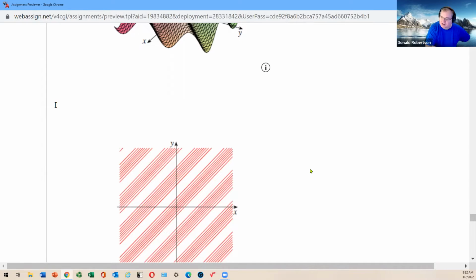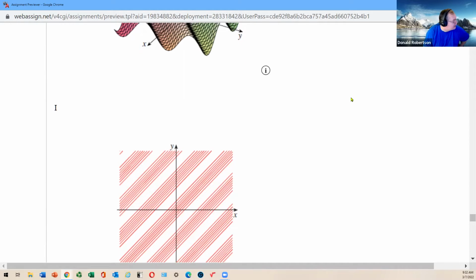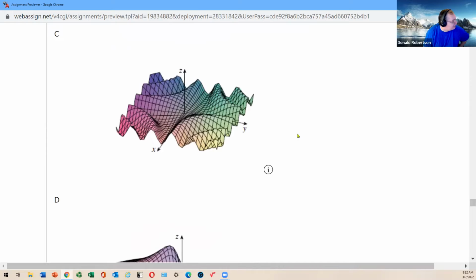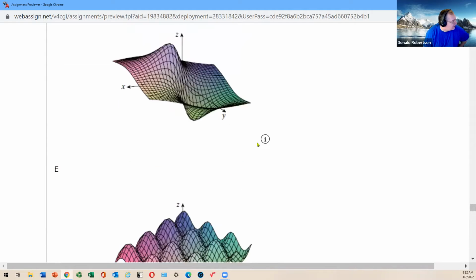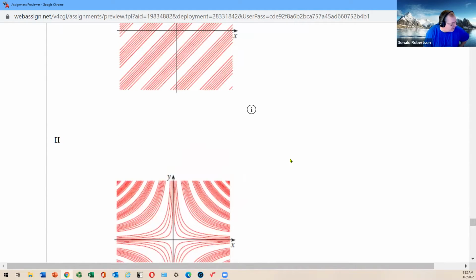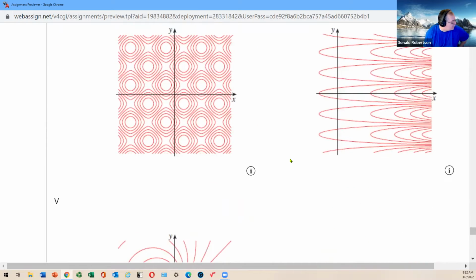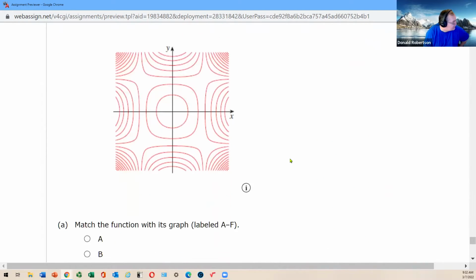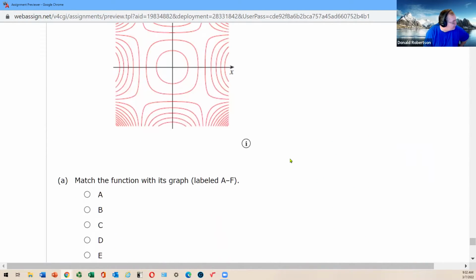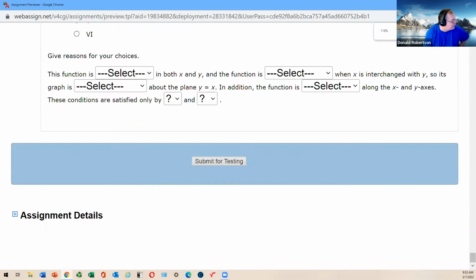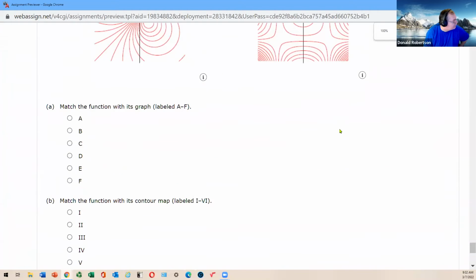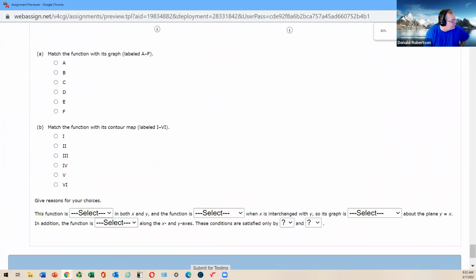It's kind of match the contour to the function, match the surface to the function. The hardest one of these is if I just give you a surface and I give you a contour map, can you match one with the other? Okay, that would be fun. If I shrink this to the point where you'll actually see it, you won't be able to read the darn things anymore, but you can't win for losing.